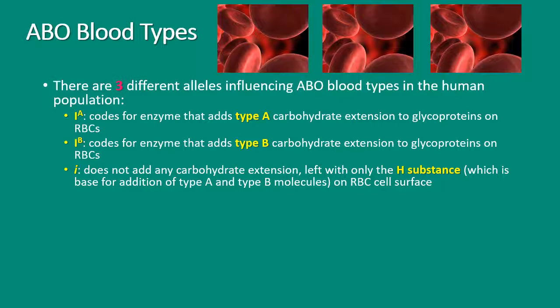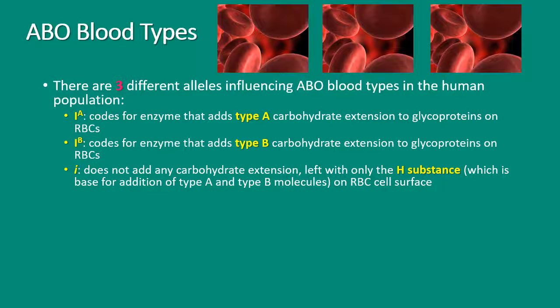Okay, so we know that there are 3 different alleles that influence blood types. You can have the type A allele. There's this substance on your cells called the H substance, and that's kind of like the base substance to which these carbohydrate extensions are added. Type A is one particular type of carbohydrate that gets added, and type B is a different type of carbohydrate.